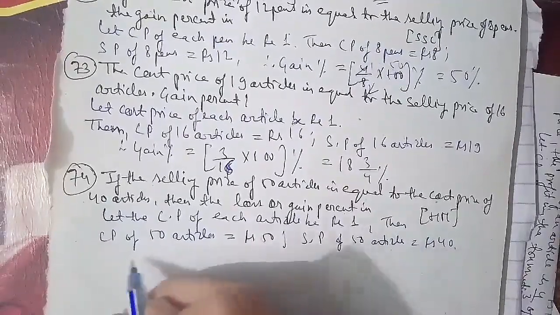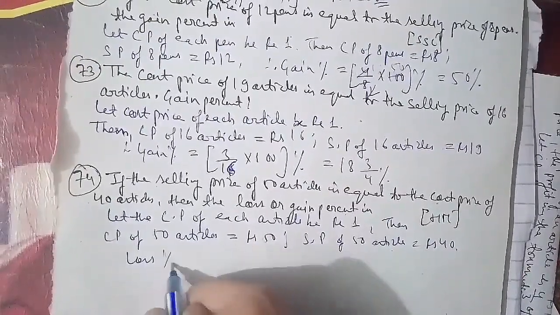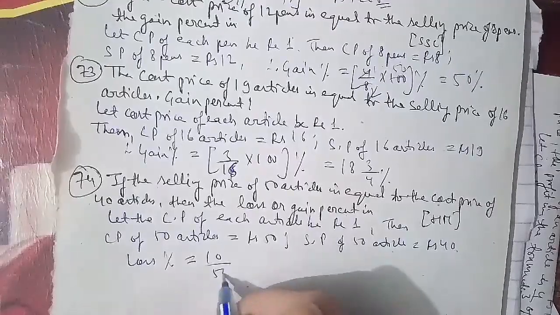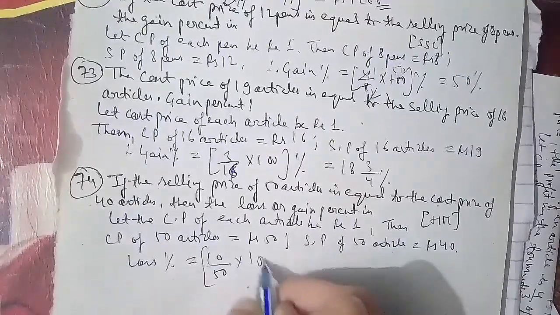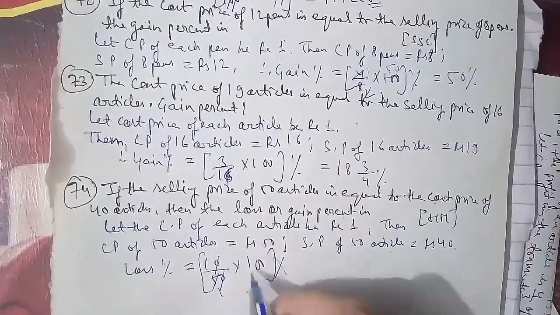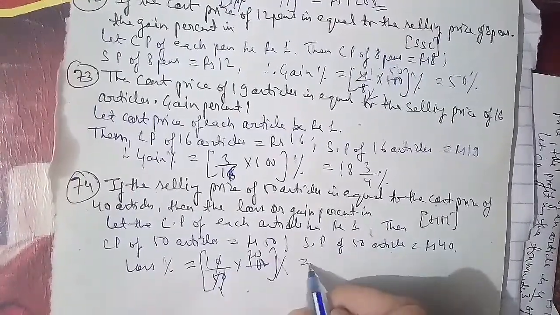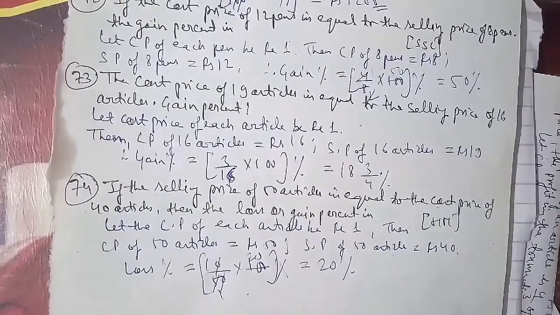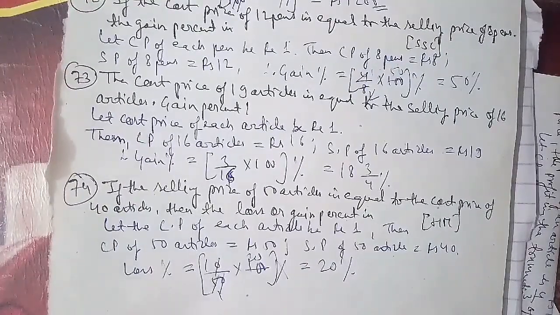So loss percent is equal to 10 upon 50 into 100%, 0 being cancelled by 0, 5 ones are 5, 5 twos are 10. It will give you 20%, so that we have as the answer.